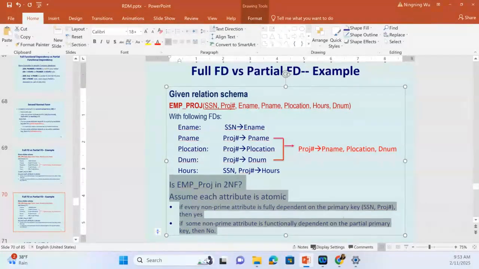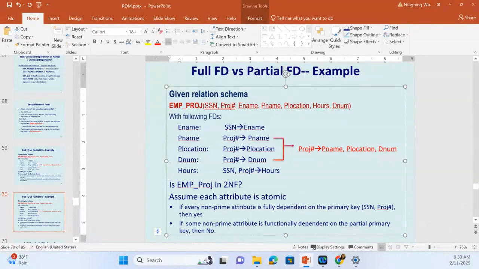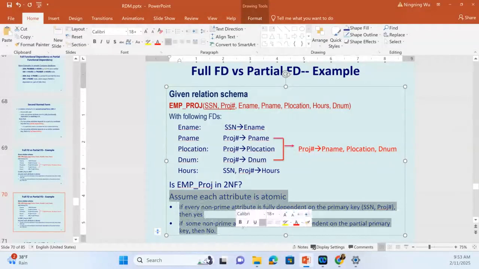So how do we know if it is in 2NF or not? If every non-prime attribute is fully dependent on the primary key, then this schema is in second normal form. If there are some non-prime attributes that are only dependent on the partial key, not the whole key, where partial means part of the key, then this relation schema is not in 2NF, okay?